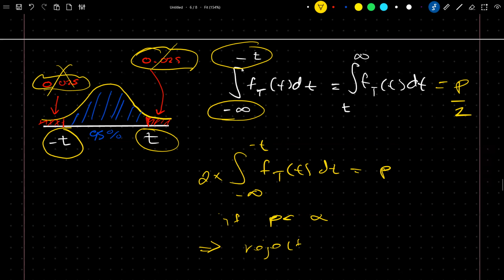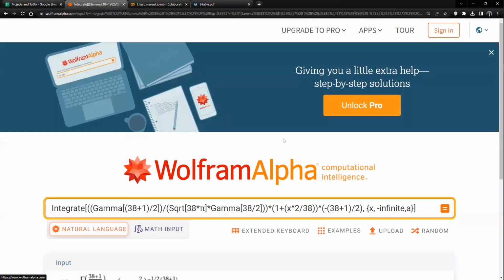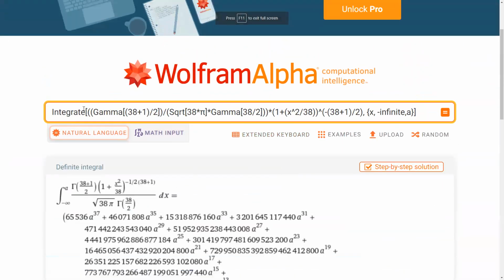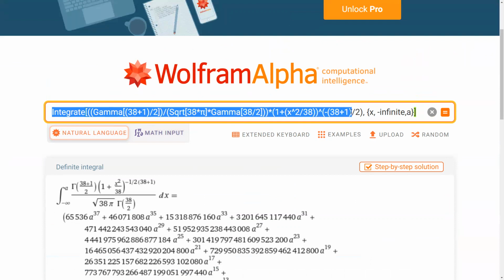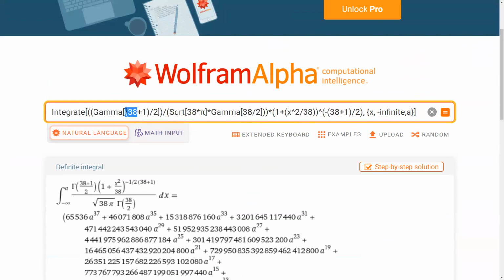All right, so let me switch my screen here. Okay, so here I've got my T distribution PDF. You can see everywhere I've got my degrees of freedom in the right place.